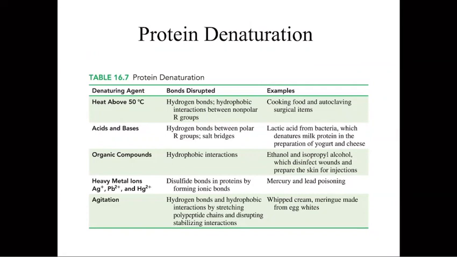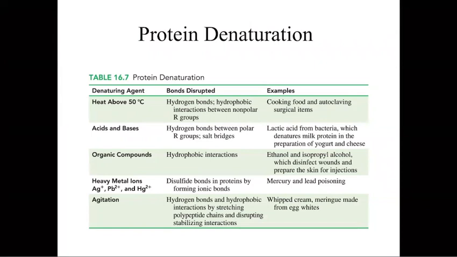The 5 different types of protein denaturation that you guys are going to be studying right now include heating, the use of acids and bases, the use of organic compounds, the use of heavy metals, and lastly, agitation. Let's go through each of them, okay?